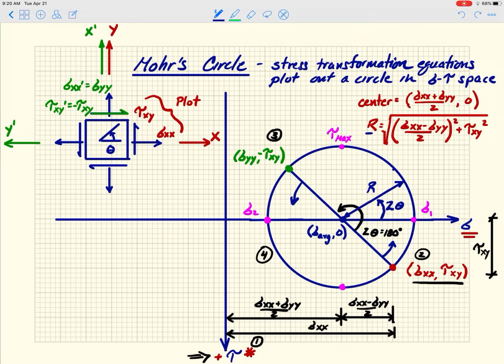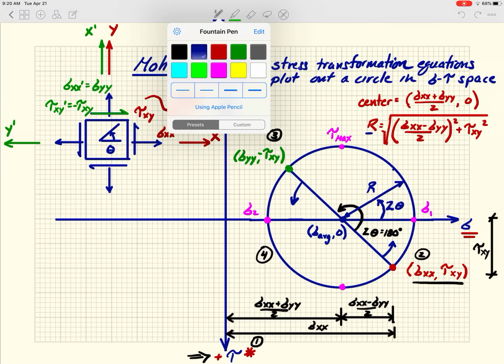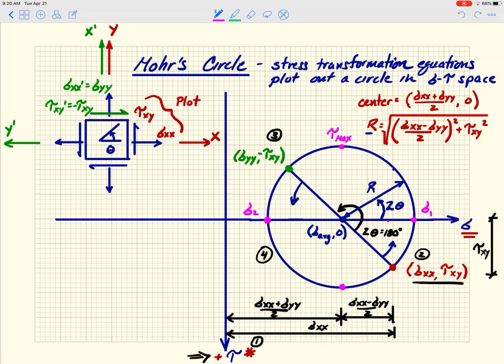And we'll talk more about that next time, but effectively, if you're trying to find out what this theta is, you just take the opposite. So if I care about this angle here, how much do I have to rotate the x face to get to sigma 1?